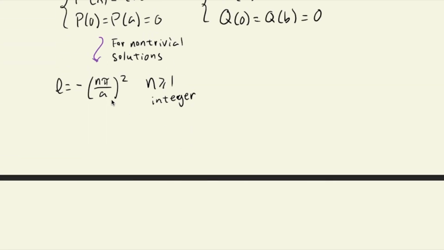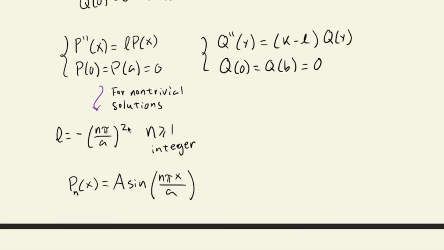Let me add a new page anyway. And the function p of x in this case is some multiple of a sine, sine of n pi x over a. Okay, so maybe I'll call it Pn. Alright, so those are the solutions of this problem.